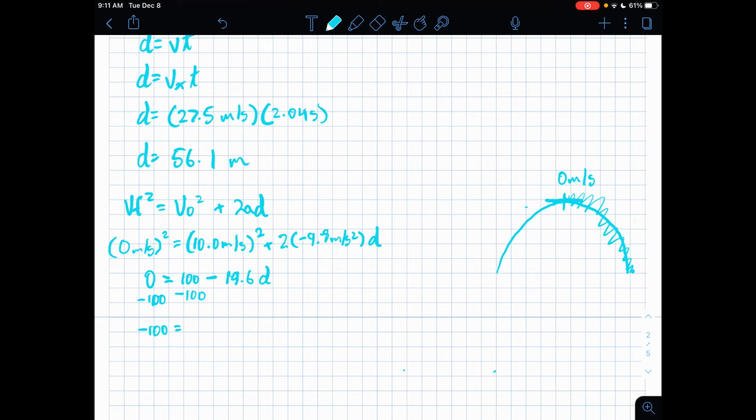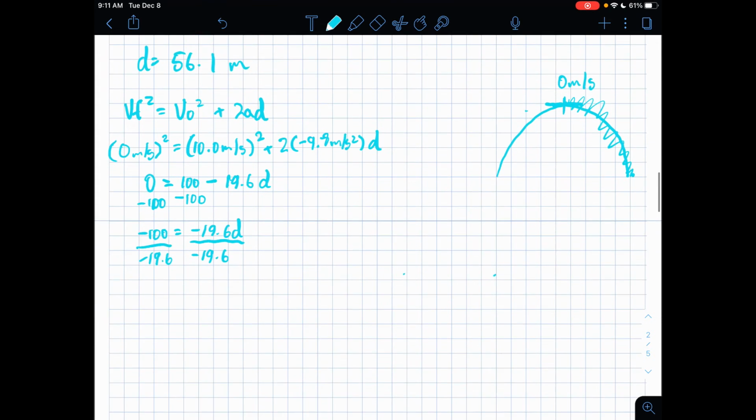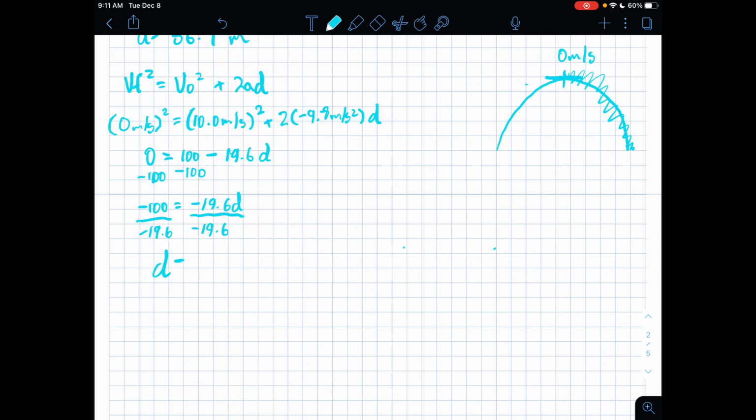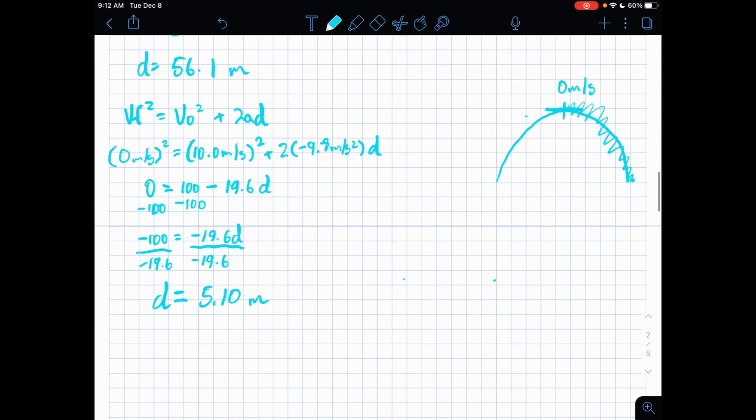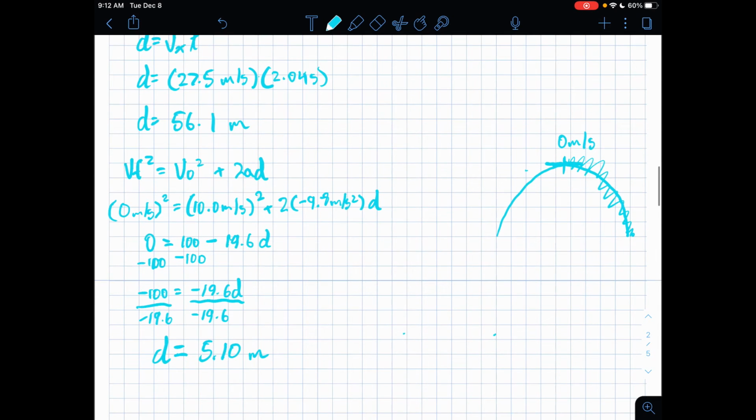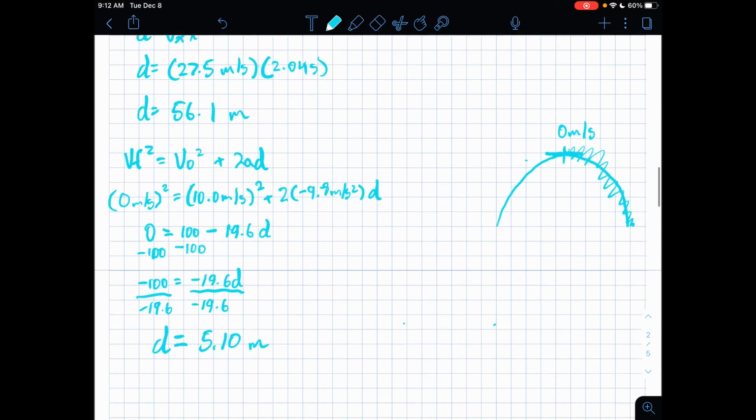That'd be negative 100 is equal to negative 19.6 d. Divide both sides by negative 19.6. And if you were to put that into your calculator, you would get a distance of 5.10 meters. It's important to keep sig figs in mind. So 5.10 meters is the max height that the projectile travels.